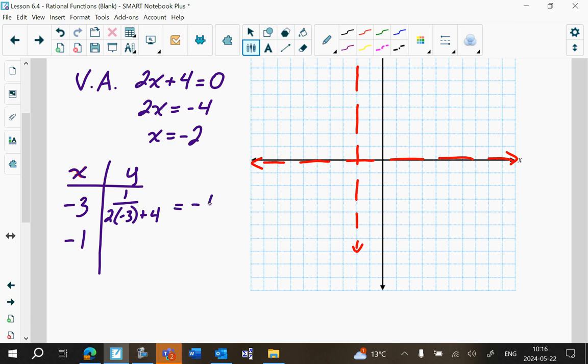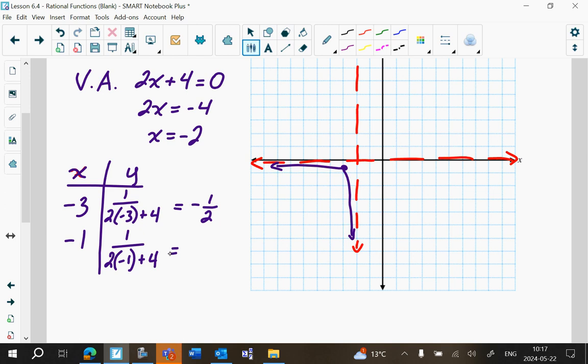And then just finish your curve. And if x is negative 1, then I've got to do 1 over 2 times negative 1 plus 4. Maybe you see a pattern developing. Half.